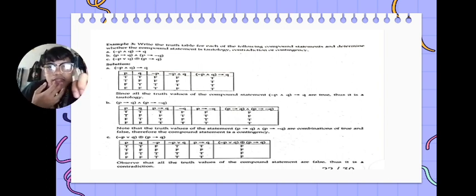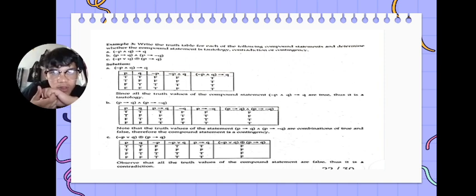Like what I said earlier, if a statement is true, its negation is false. Since all the truth values of the compound statement are true, thus it is a tautology.